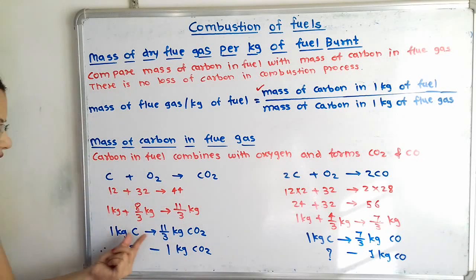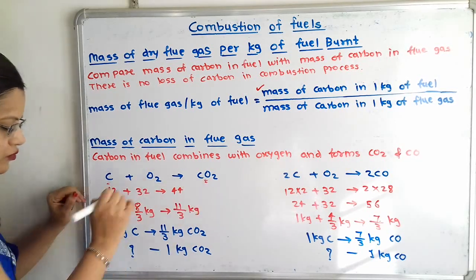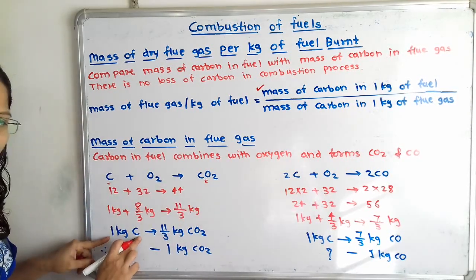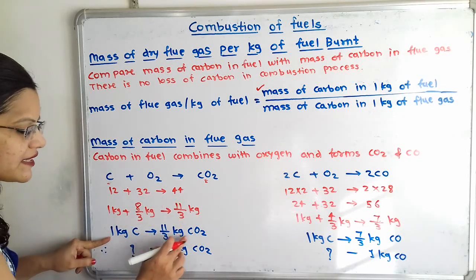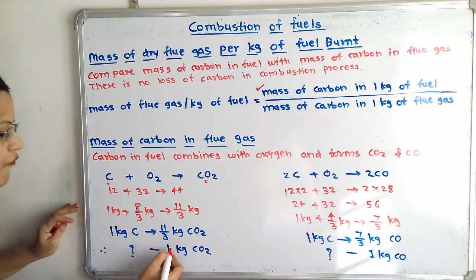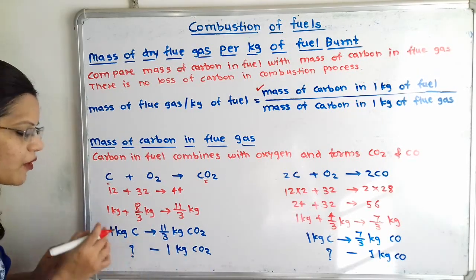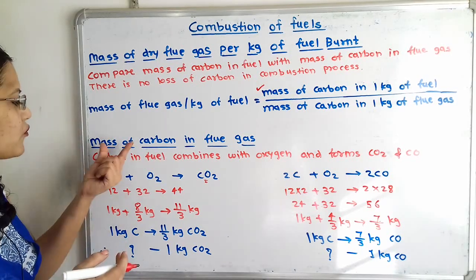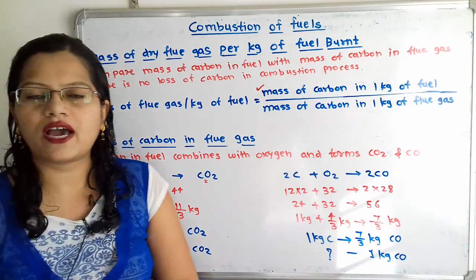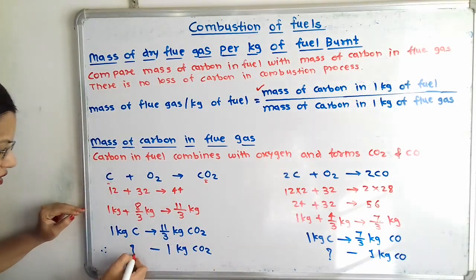So I will write here. Now we have to compare this carbon and CO2. So 1 kilogram of carbon will give us 11 by 3 kilogram of CO2. Now 1 kilogram of CO2 will contain what amount of carbon? Because we have to find out the total mass of carbon in flue gases. So in 1 kilogram of CO2, here is the question mark.